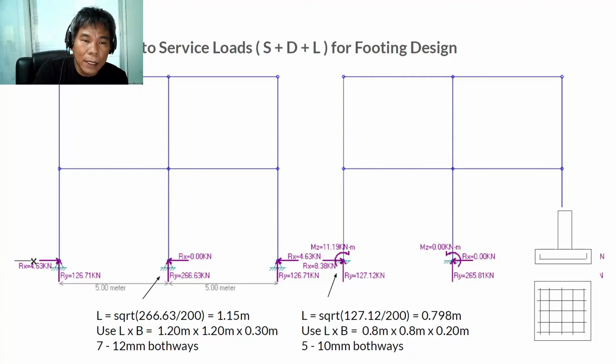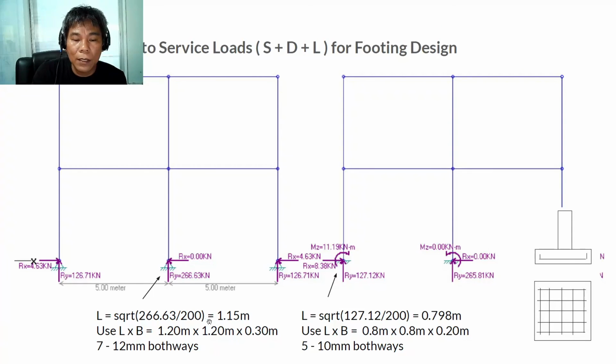Also, the reaction due to the service load, self-load, dead load, and live load, you can use for the design of the footing, the area to be occupied by the footing. A simplified computation is that you get the vertical reaction 266, divide it by the allowable soil pressure, assuming 200, and then take the square root.